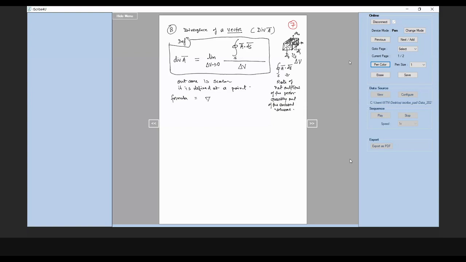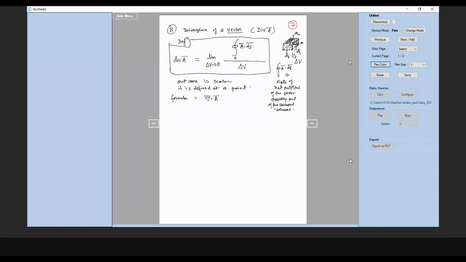So it is del dot A. Many people say del dot A is the definition. Del dot A is not the definition. Del dot A is a formula or postulation to compute divergence of a given vector quantity, which can be written in any particular coordinate system, either Cartesian or otherwise.